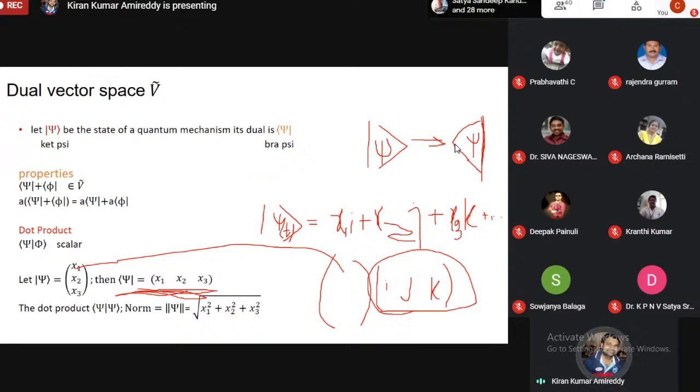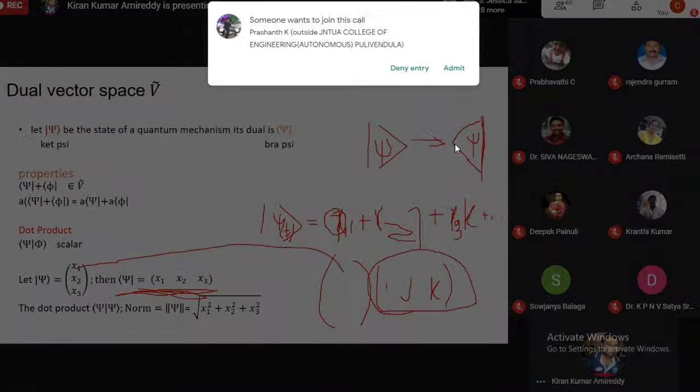So when we want to define this complete state, the components may not be real. If we want to express the state completely, it can be associated with complex numbers.